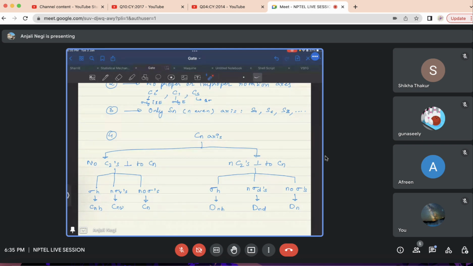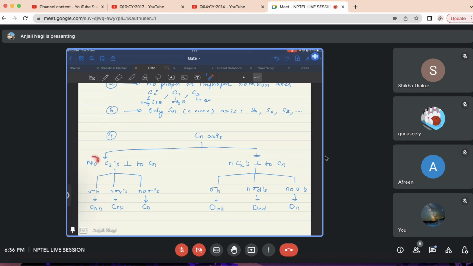Okay, and this Cn axis we again differentiate into two, that is nC2 axes which are perpendicular to Cn, or no C2 which are perpendicular to Cn.